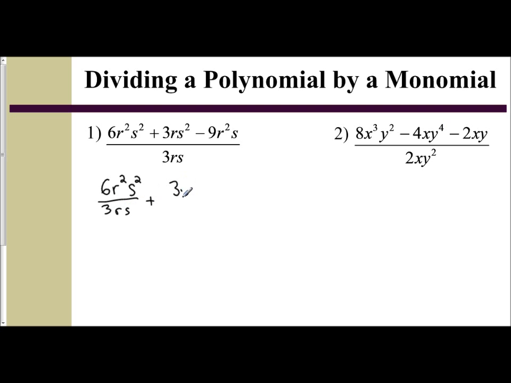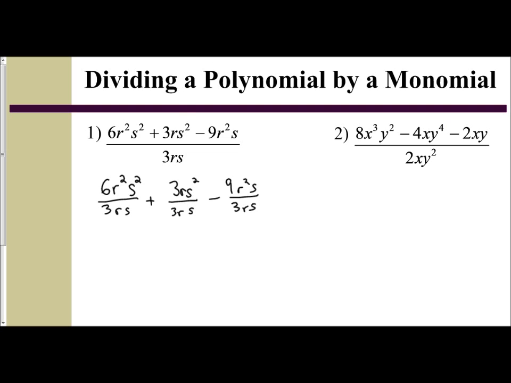And so I take each term and I put it over 3rs. And now if I take a look, I've created three fractions with our variables and exponents. So now I'm going to have to use my quotient rule each time.